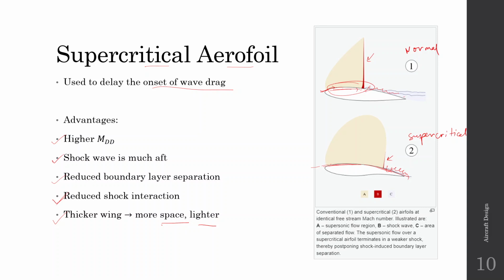So this is not really relevant to MCR, but it is more relevant to MDD. It tries to delay the onset of drag, even when you are flying at supersonic.